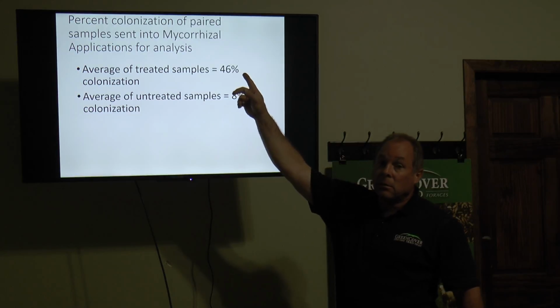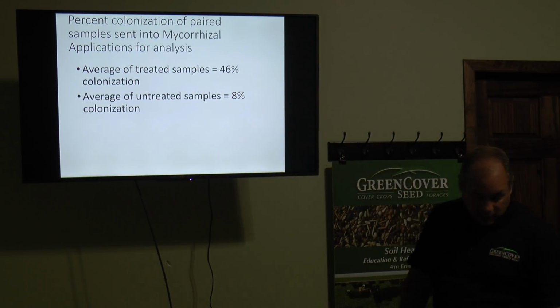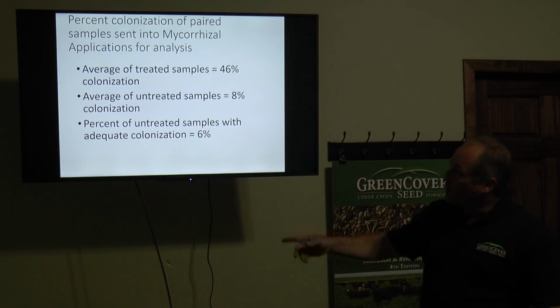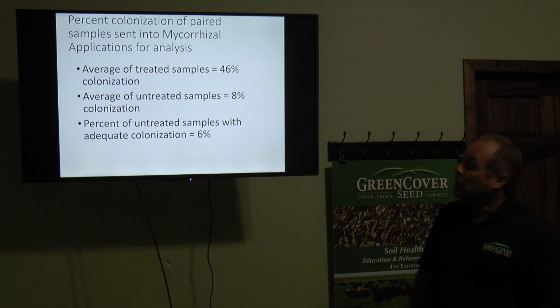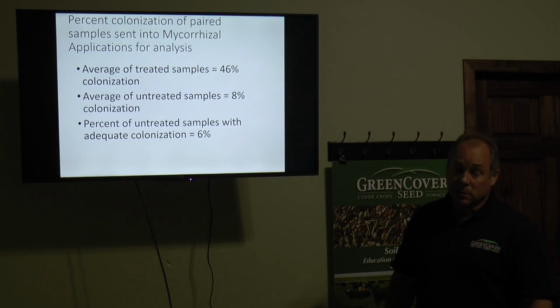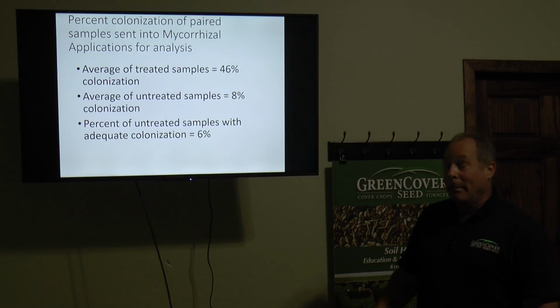So inoculation definitely improved our levels. We got benefits from it. So what soils? Only 6% of the untreated areas had adequate colonization. If it's cropland, and all of those were recently cleared forests, if you are dealing with long-term cropland, I just assume you don't have it, at least not at levels that are adequate.